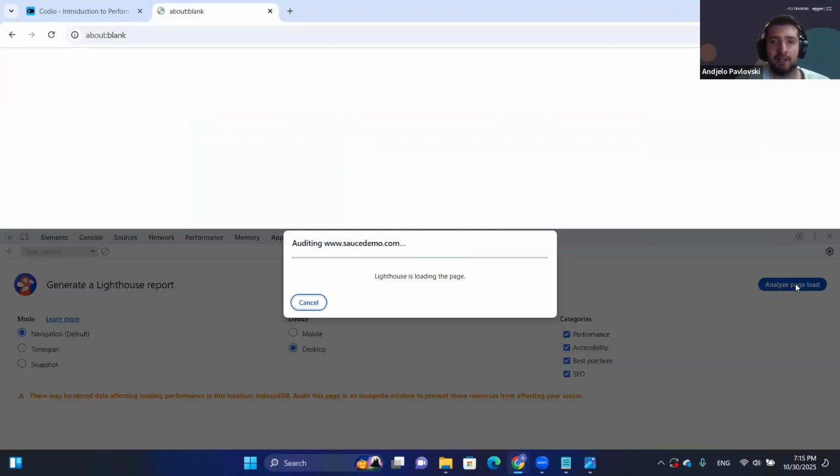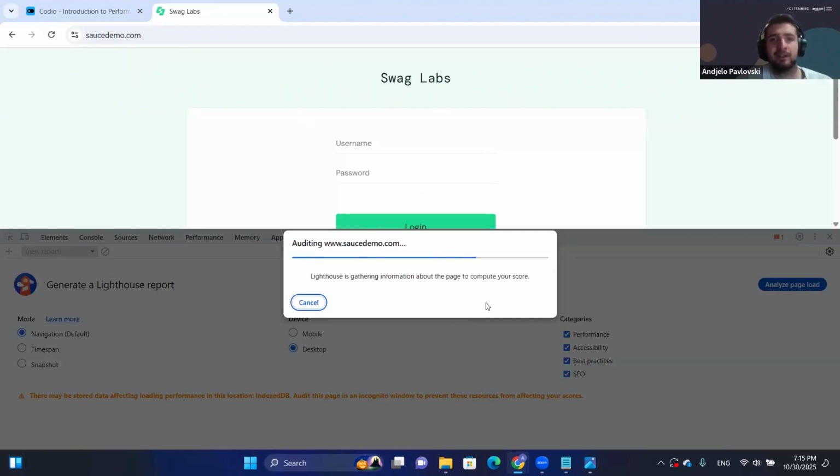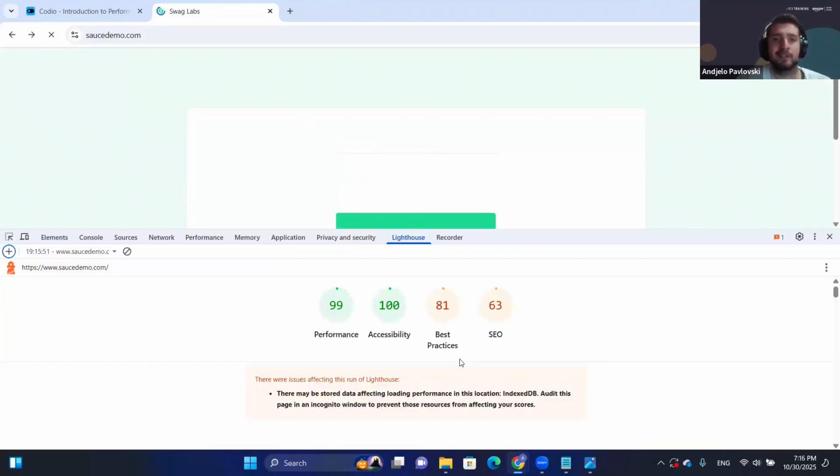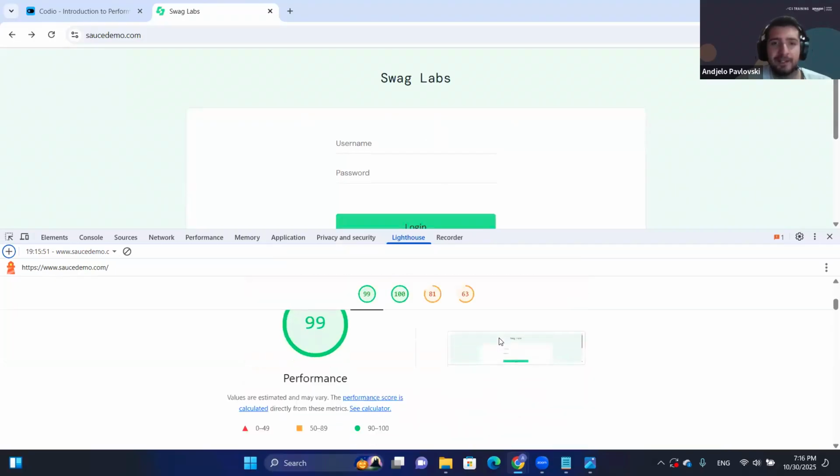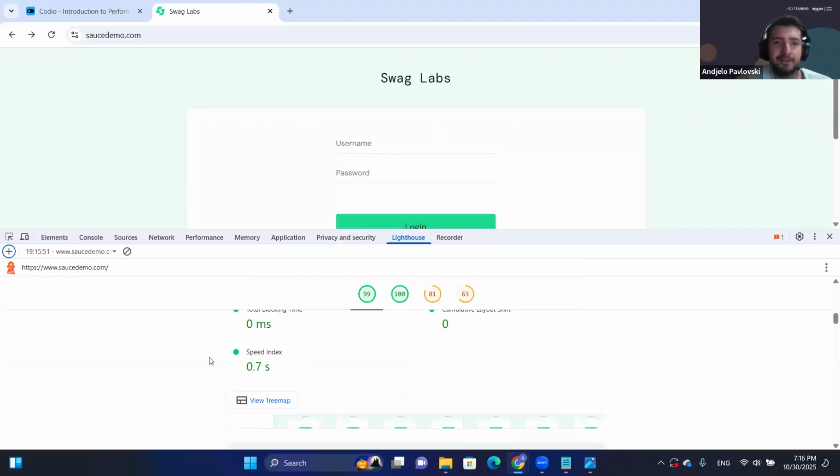You can click on Analyze Page Load here, and it's going to give us some information about the performance of this page overall. So you see it's now working on it. It's going to take a bit of time, and it's going to give us a score. So we see what the URL is. Performance-wise, it's a 99 out of 100. Accessibility is great. Best practices not ideal, and then SEO 63, and then it gives you some metrics.